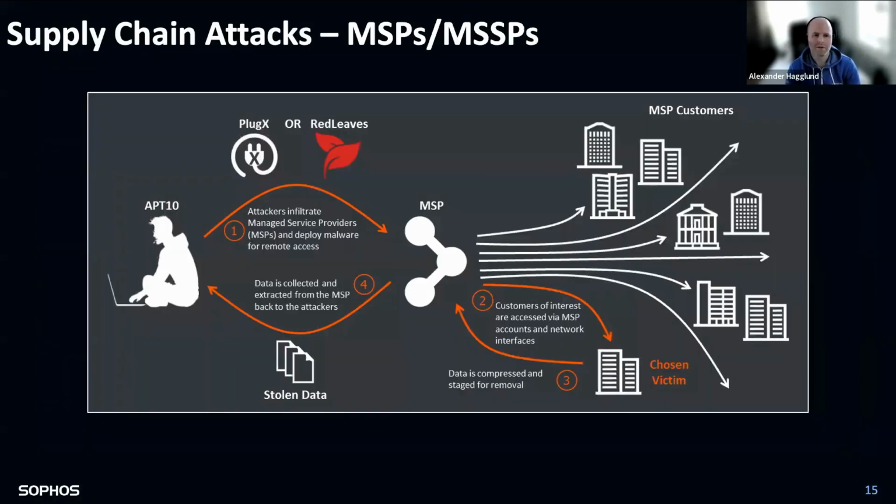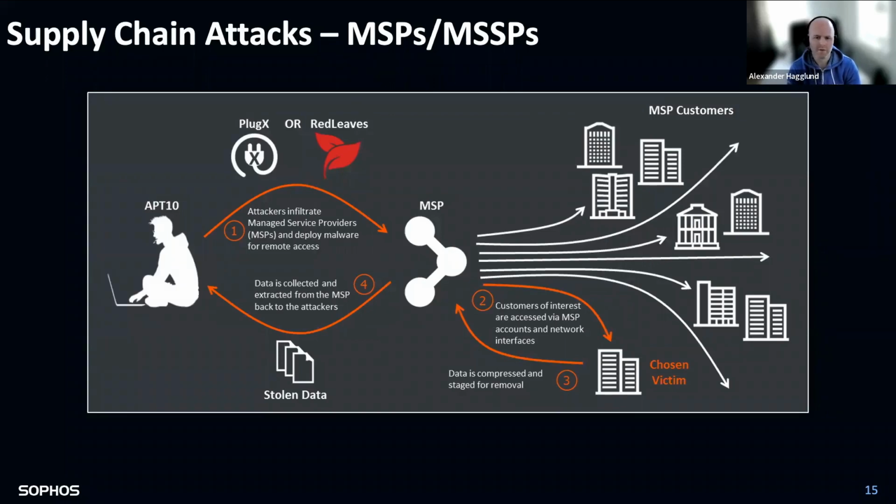So this is an example of another very popular supply chain attack that we have seen performed by the APT10 group. They infiltrated the managed service providers, in this case, to deploy malware for remote access. They used malware from the PlugX and RedLeaves families. And what was the goal really with this?